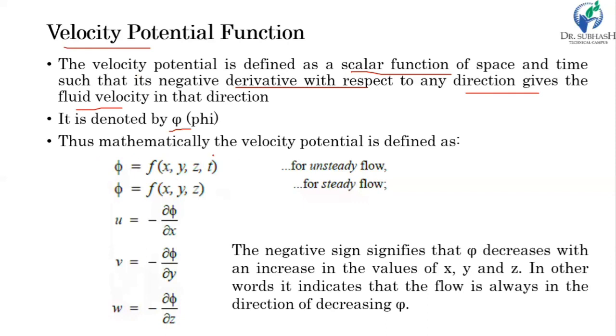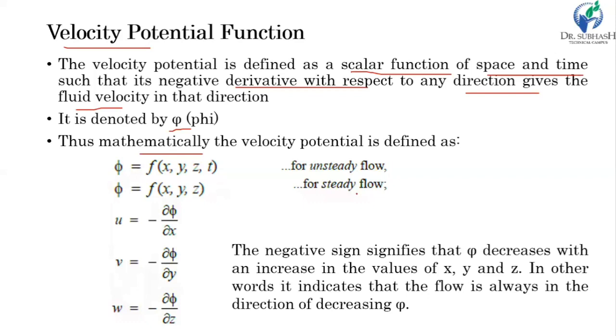If we see it mathematically, then the velocity potential function is defined as the negative derivative with respect to any direction. For that, let's suppose phi is a function of space and time coordinate as seen here. So space coordinate is x, y, z and time for the unsteady flow, and for the steady flow, phi is a function of x, y and z only.